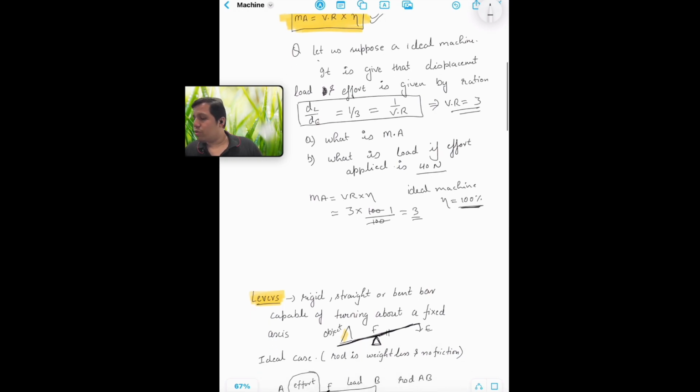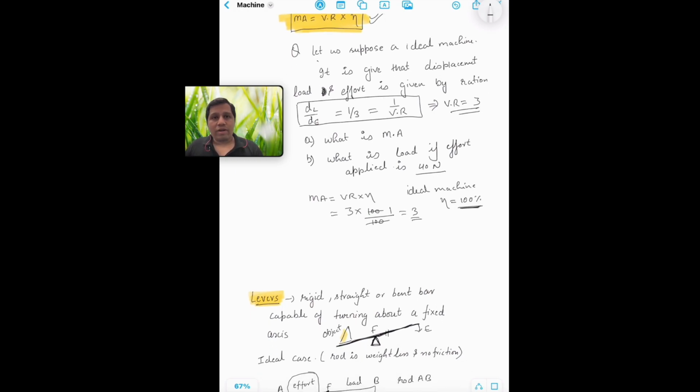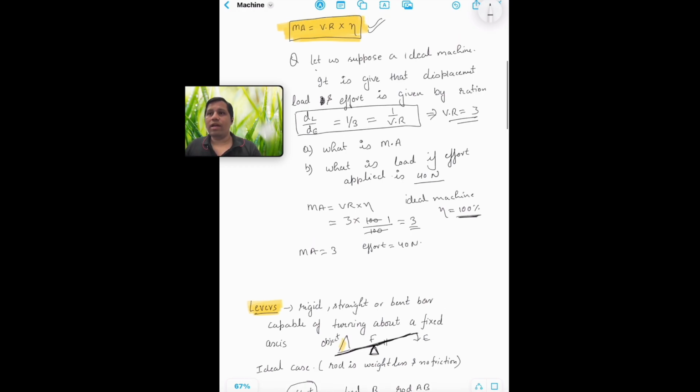Now, let's go to the other part, where the effort is given as 40 Newton, and the mechanical advantage you have already obtained is equal to 3. Then what will be your load? Mechanical advantage is the ratio of load by effort.